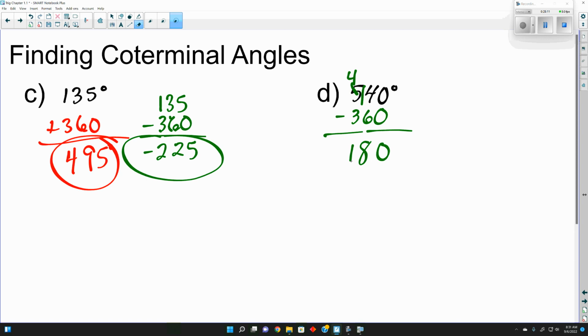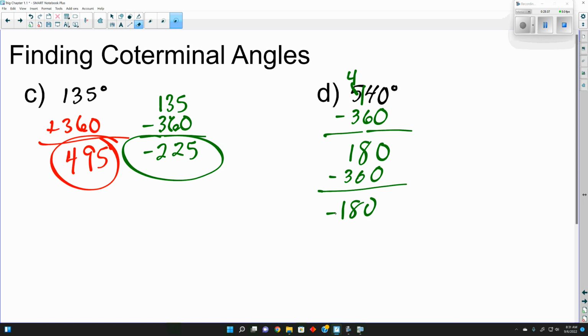So this time when we subtracted 360, we didn't get a negative, we got a positive, yes? Well, now we can just subtract it from 180 and get negative 180. So if it's a bigger positive number that's greater than 360, we can just subtract it from that number. Does that make sense?